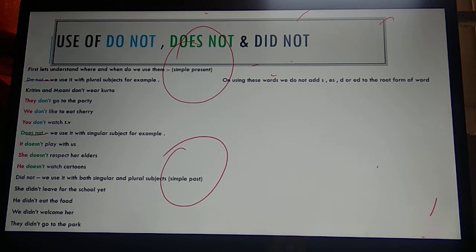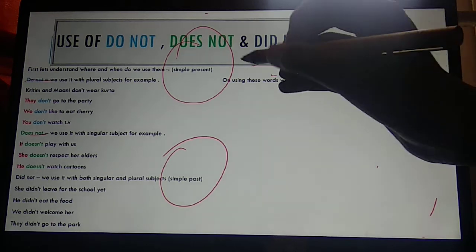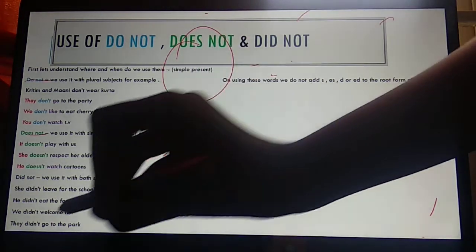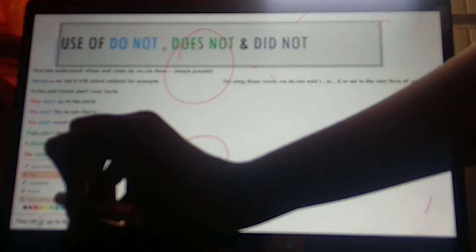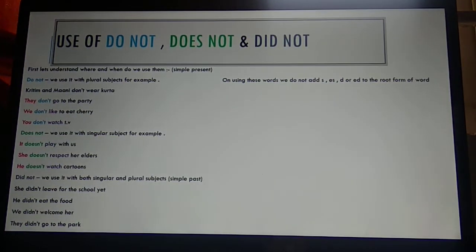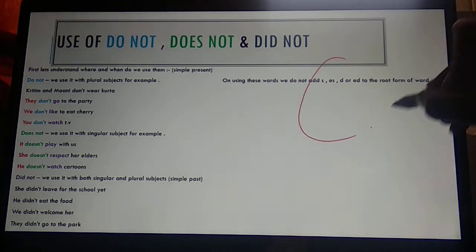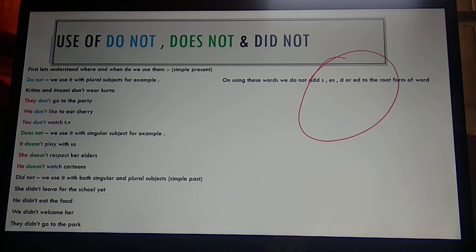Okay, and always remember, I am highlighting this thing: whenever we use these helping verbs, did not, do not, does not, we write the root form of verb as it is. We do not add any letter beside the root form of verb.